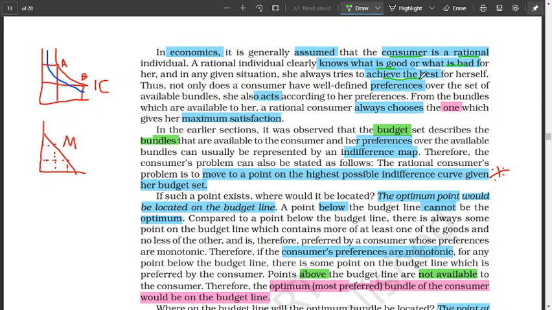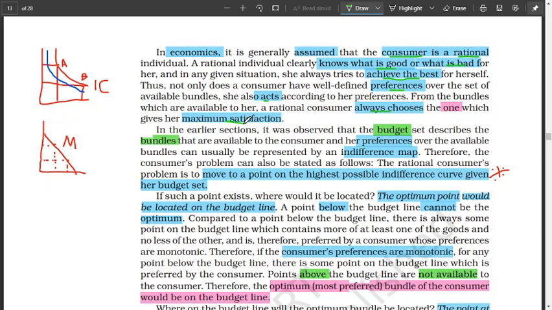The best means the maximum possible satisfaction. We know he has preferences, and so he acts on those preferences to choose the one that gives him the maximum satisfaction. At the end of the day, he has to consume, even though he has so many bundles. He has to choose one.